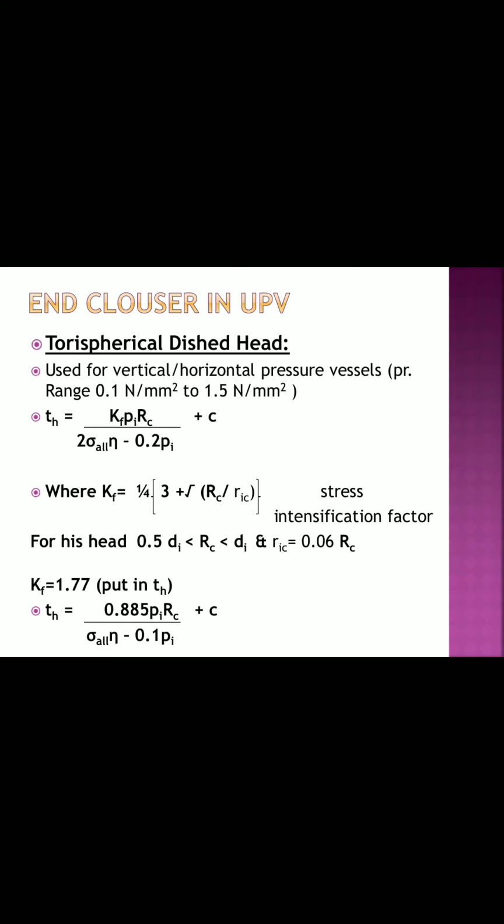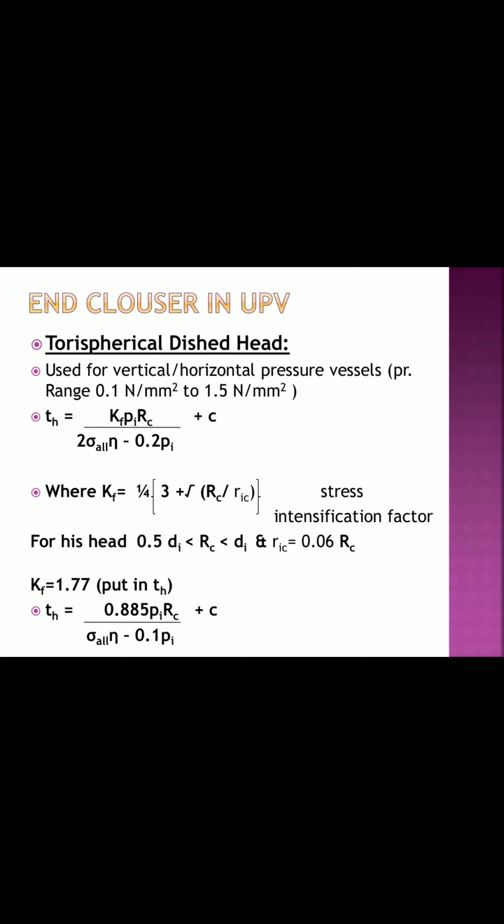You can see the formulas for toruspherical dish head. This type of head is used for horizontal or vertical pressure vessels when the pressure range is between 0.1 MPa and 1.5 MPa.